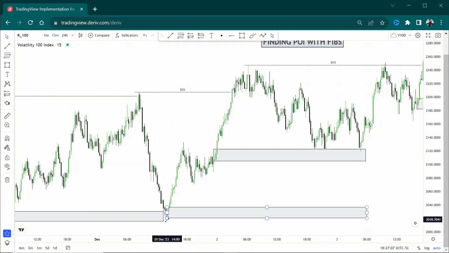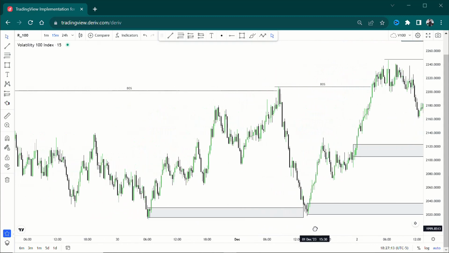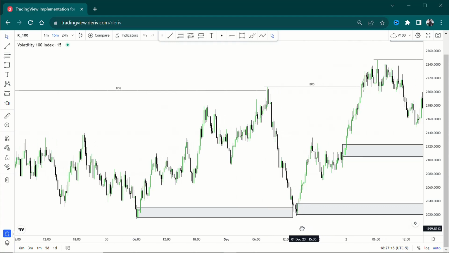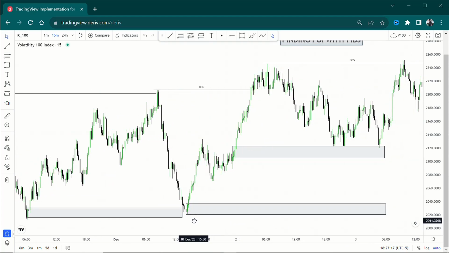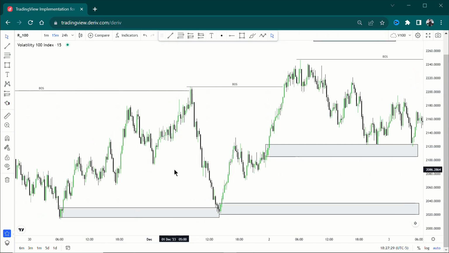Let me show you where everything is coming from. This is your last low. This one here was just another POI from the other trade.